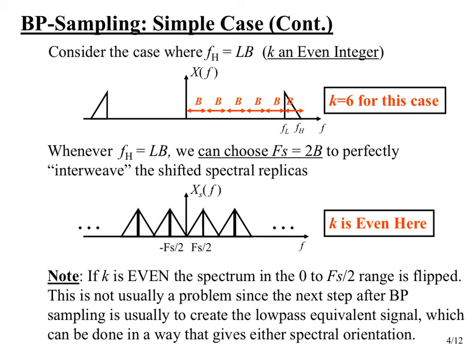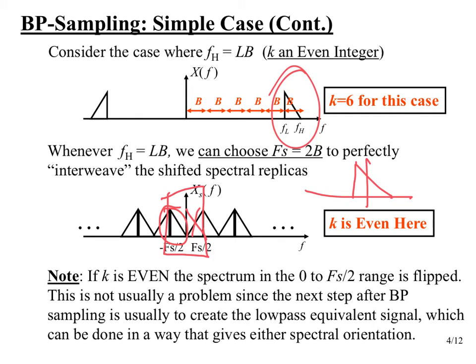What really happens next is that we take this and we can get rid of one side or the other. So we could get rid of this side, keep this side, and shift it up to be centered like this, and we end up with the equivalent low-pass signal structure for the original spectrum.